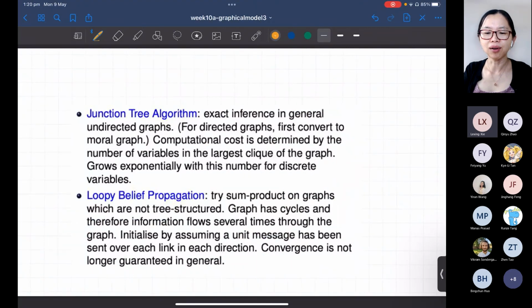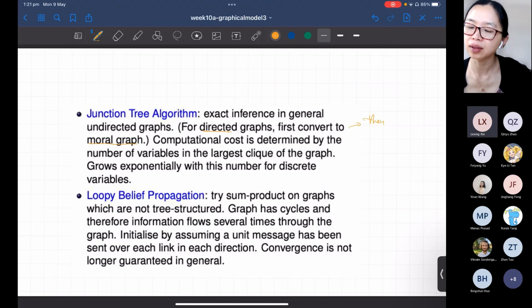So let's also just talk about two other related terms on inference. There was this junction tree algorithm that performs exact inference in general undirected graphs. So for Bayes nets, the routine is to first convert to a moral graph, and then essentially, I would call it, make cliques.